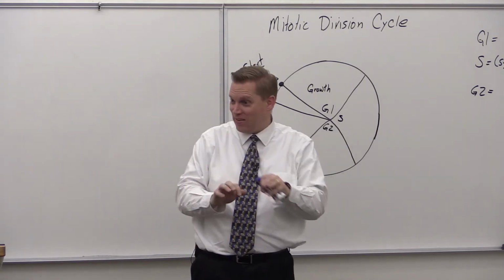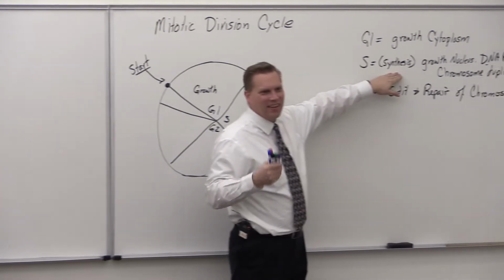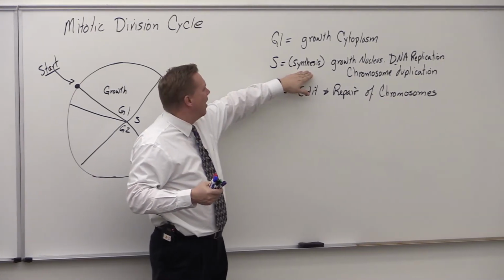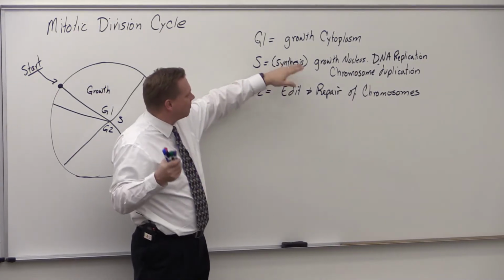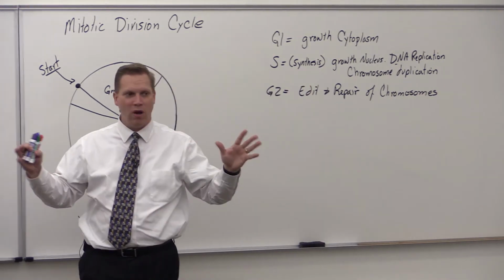Okay? So that's how much typing that is. And the cell is doing that, and depending on the cell cycle, anywhere from as fast as like an hour to sometimes longer. So it's doing all this work.